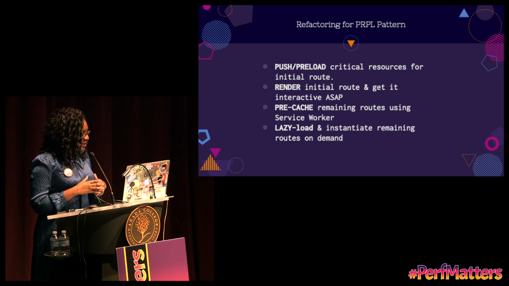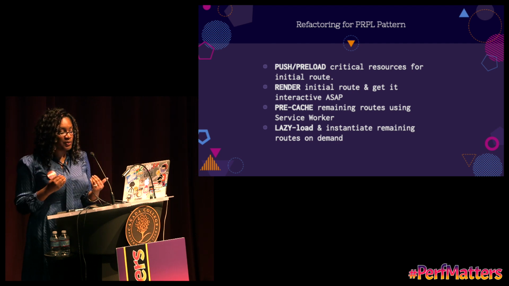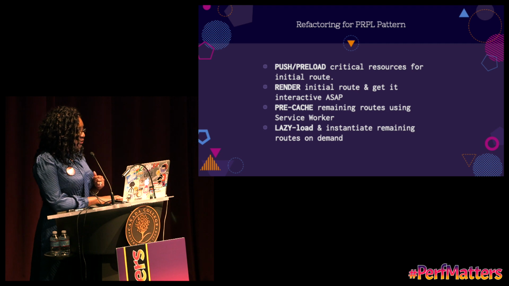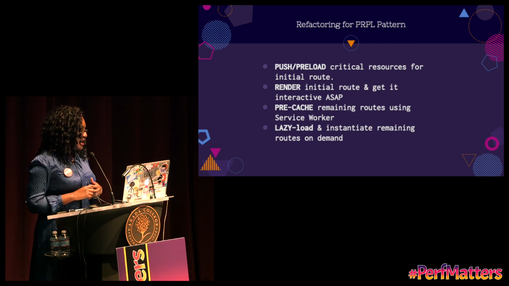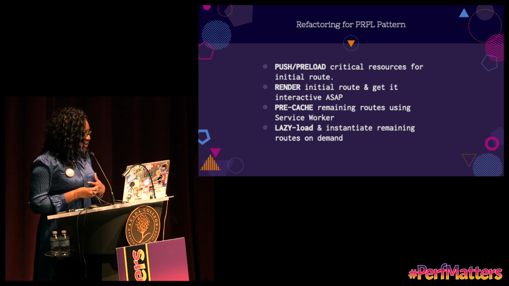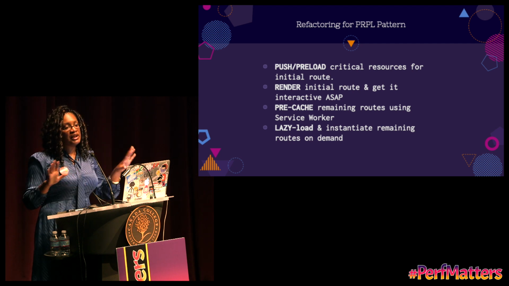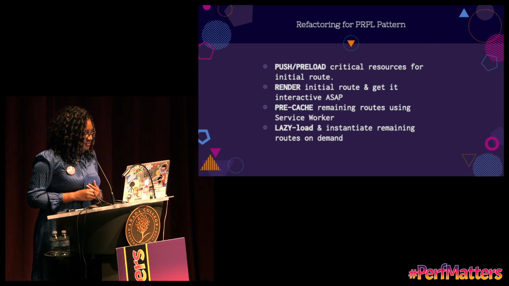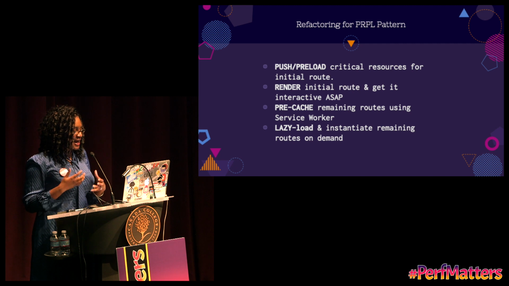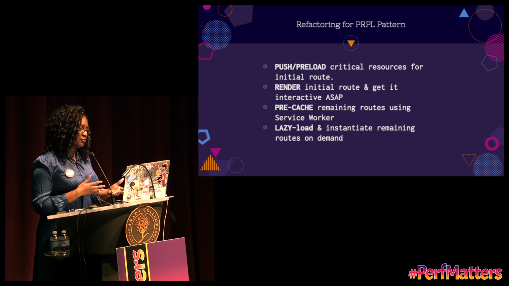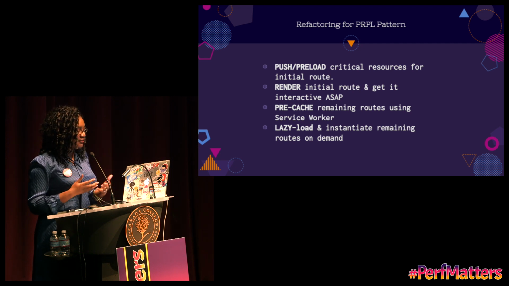When you're rendering, this one is pretty straightforward, but you want to get things to interactive as soon as possible. Then pre-caching any remaining routes using the service worker. This is really where service worker shines. Service worker is known as a client-side proxy, enabling developers to intercept requests and serve responses from the cache.